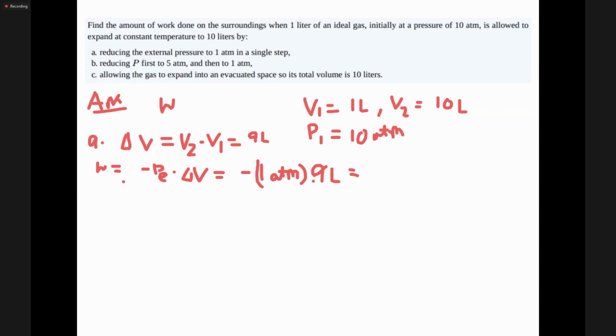So here we see W is equal to minus P external into delta V. P external is equal to 1 atmosphere, which is written over here, because they are decreasing the external pressure to 1 atmosphere from 10 atmosphere. So 10 atmosphere is not required over here, and we have delta V as 9 liter. So we'll end up having minus 9 liter atmosphere.